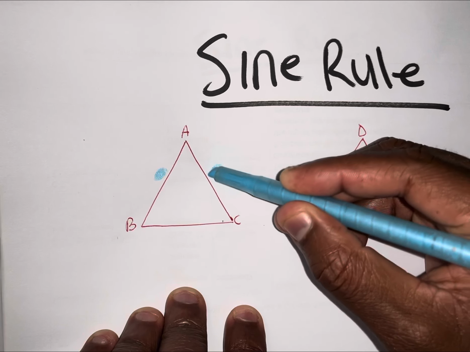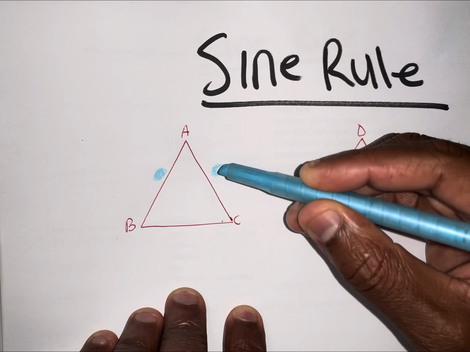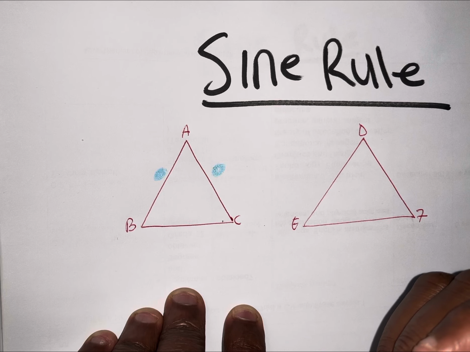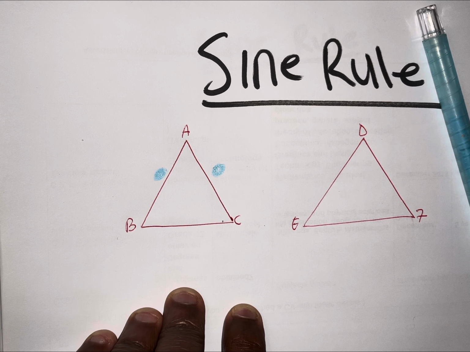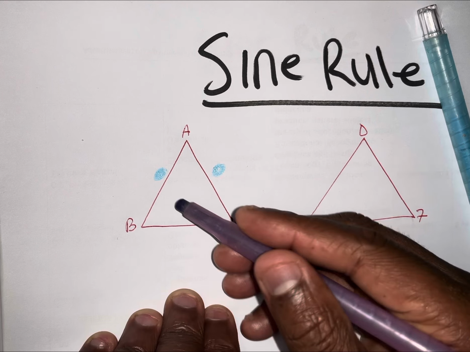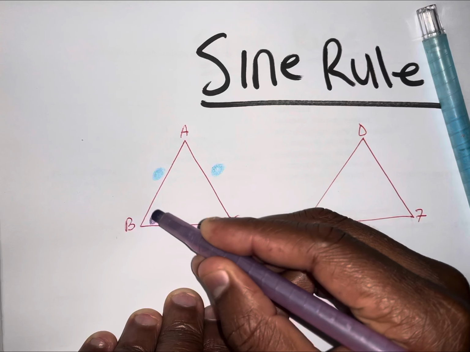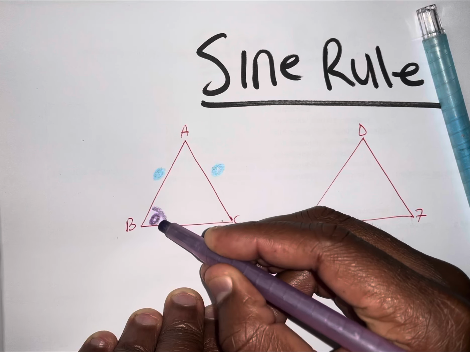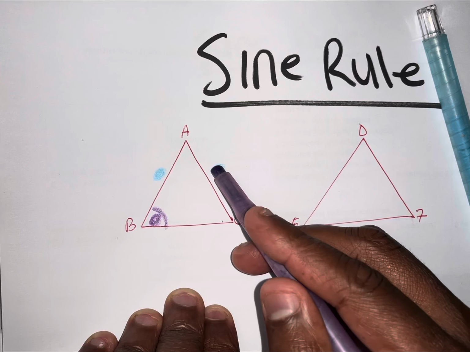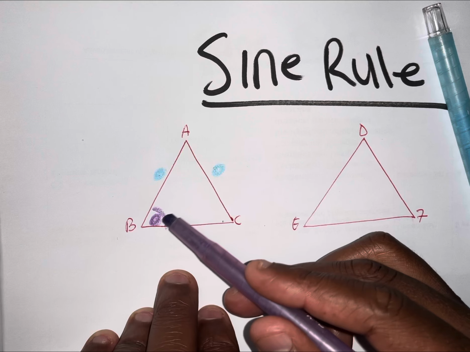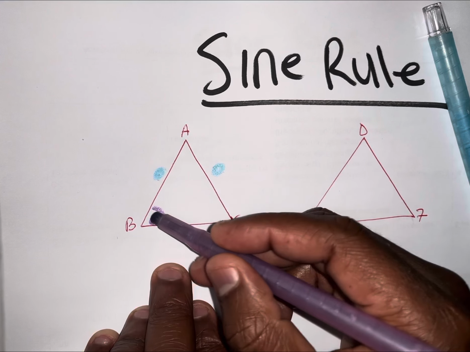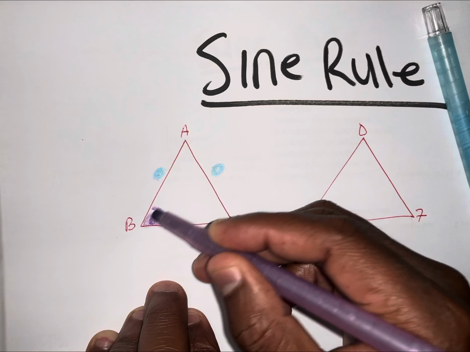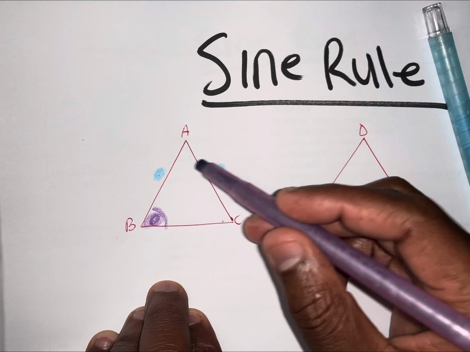You are given these two sides, and an angle that is opposite one of the given sides. So the angle can be this one here, given two sides and an angle opposite one of the two given sides.